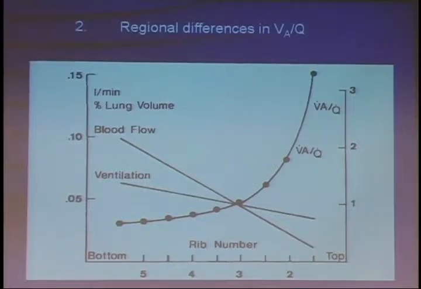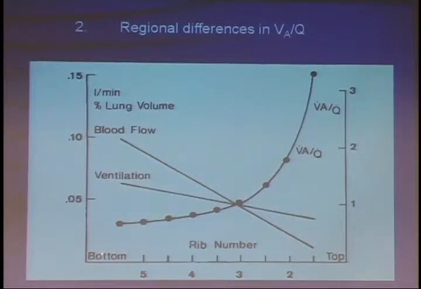If we take the ratio of ventilation to perfusion, and that's plotted against this axis over here on the right, you can see that as you go from the bottom to the top of the lung, the ventilation to perfusion ratio starts out low, it increases gradually, and then it increases sharply as you go up towards the top. And this is essentially just the way the math would work out.